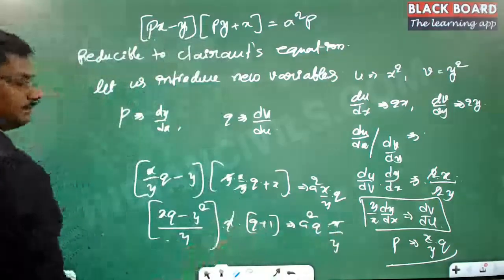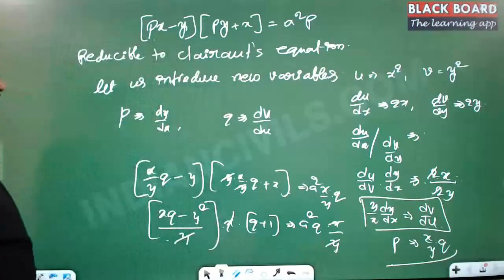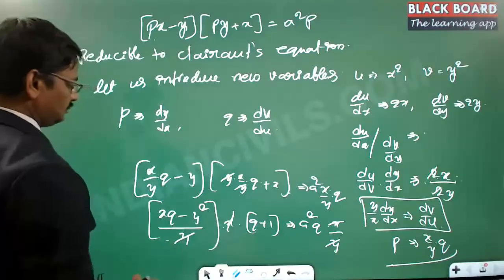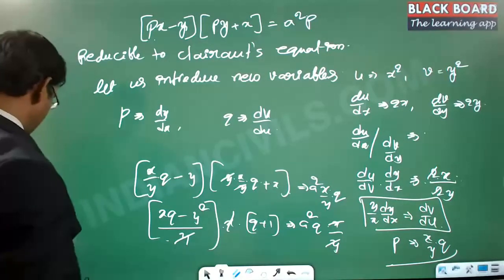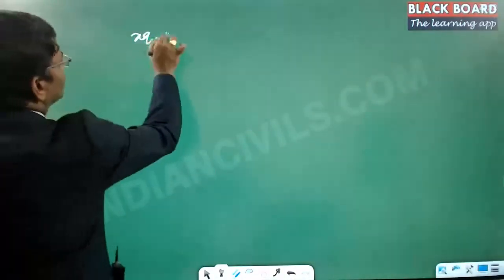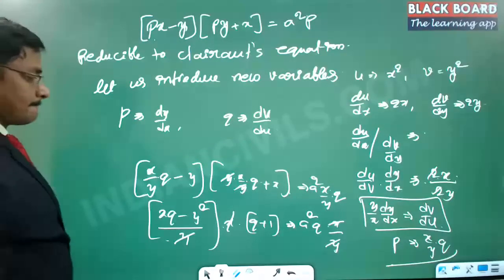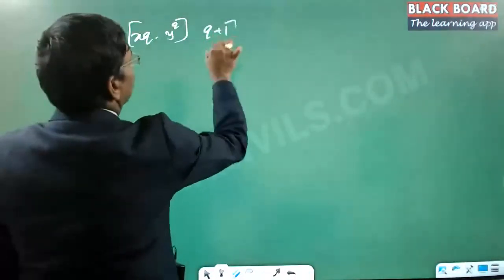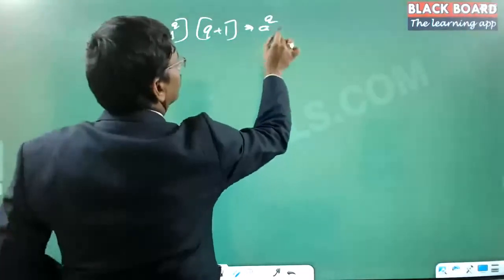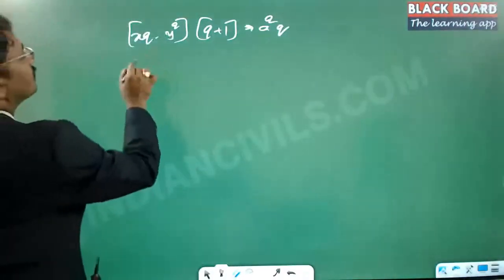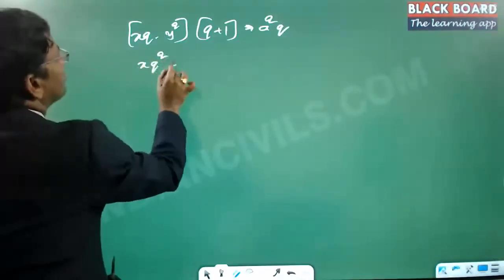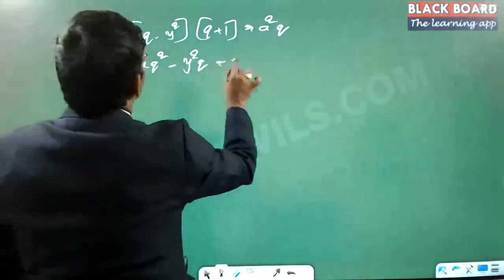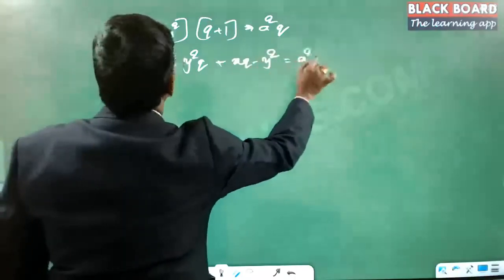So this x will cancel, this y will cancel, so we are left with (xq - y²)(q + 1) = a²q. And this is xq² - y²q + xq - y² = a²q.